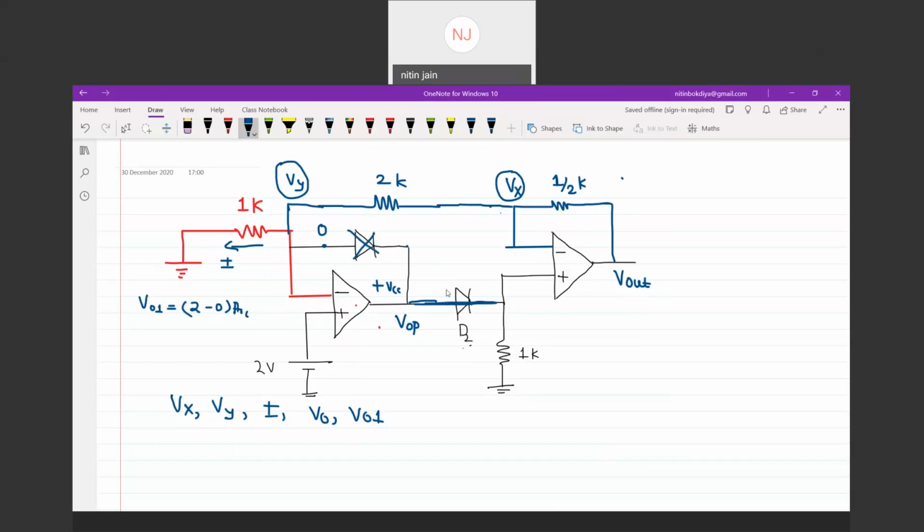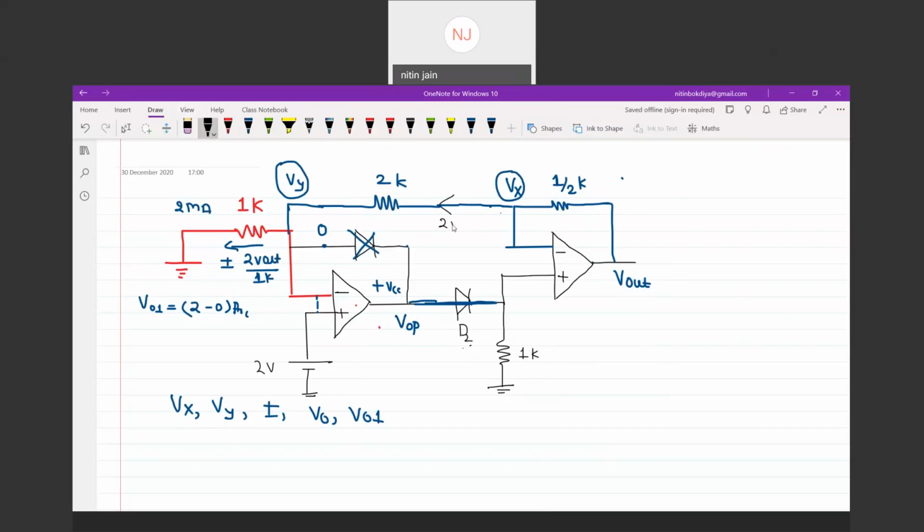If D1 is not working, using the virtual ground concept, this current is 2 volt divided by 1K, which is 2 milliampere. This current is equivalent to 2 milliampere, and this 2 milliampere is current coming from the output. So what is the output of the circuit?